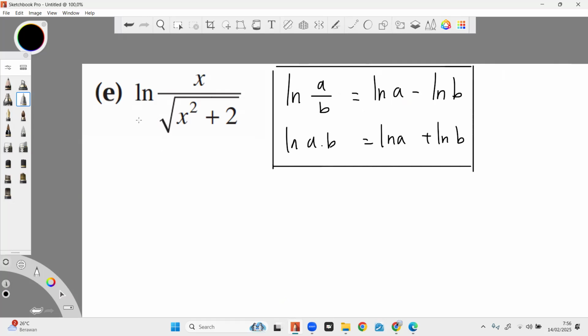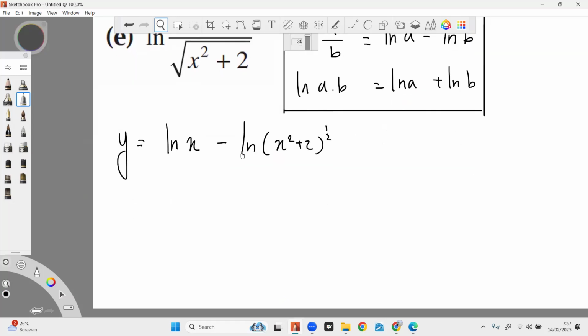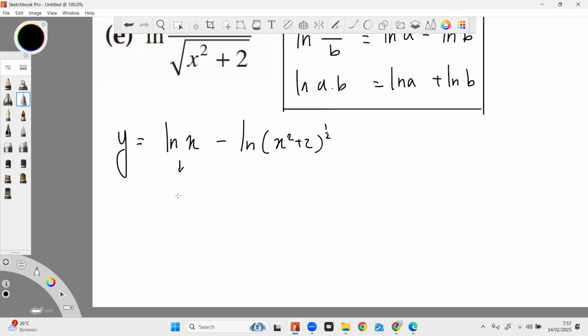Okay, now get ready. Focus. Before we try to find the derivative, what we need to do? Change the expression. Ln x, subtract ln x squared plus 2 power half. Make sense for you? Okay. What is the derivative of ln x? 1 by x, as simple as this, minus this.